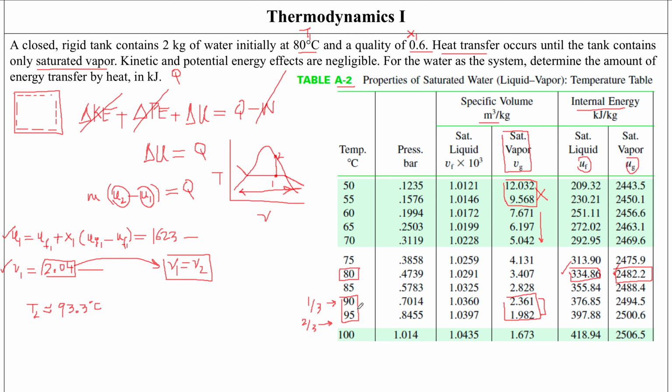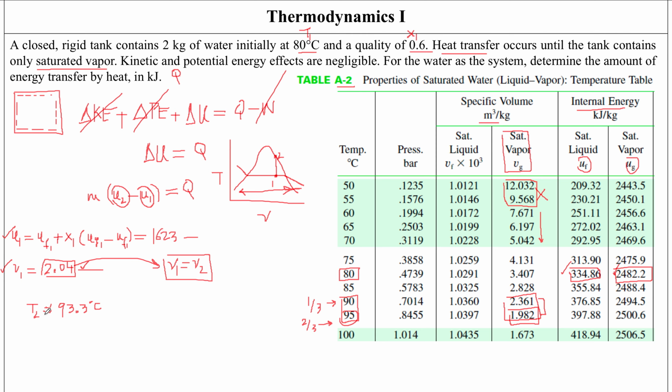But because this value is leaning more towards this value, it's closer to this value, and closer by what amount? By 2/3 of the amount. So then the temperature is going to be closer to this value by 2/3 of the amount as well. That's why you add it to 90, or you subtract 1/3 from 95. Okay, and that's how you get the temperature at 2.